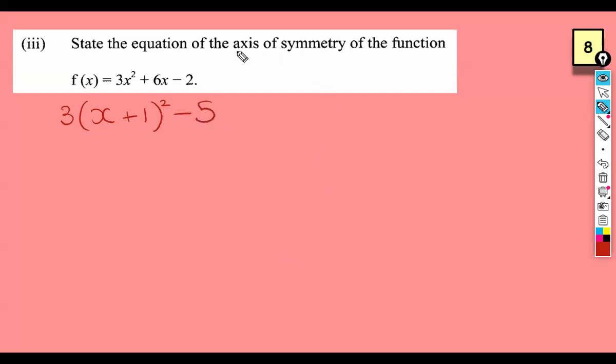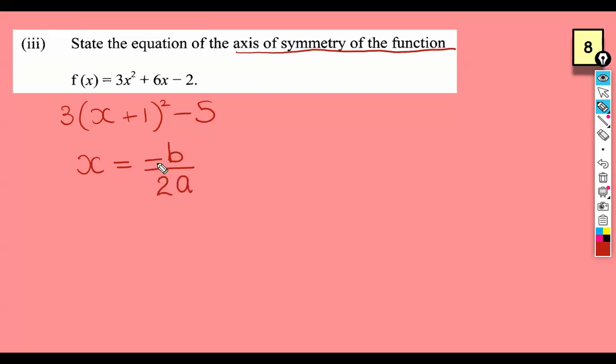The equation of the line of symmetry or the axis of symmetry, the same exact thing. Now, they're asking for the equation of the axis of symmetry. This was the formula that I had given you: x is equal to minus b divided by 2a.